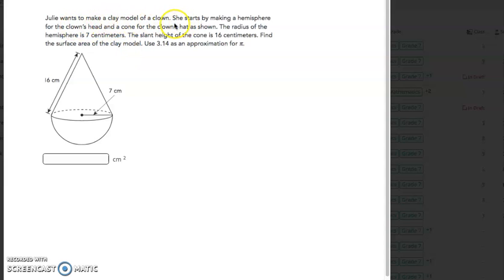And then the last one here, Julie wants to make a clay model of the clown. She starts by making a hemisphere for the clown's head, and then she puts a cone on there. They give us the radius of the hemisphere and the slant height. We have to find the surface area of the clay model. First, to find the surface area of a cone, we use pi r squared plus pi r l.